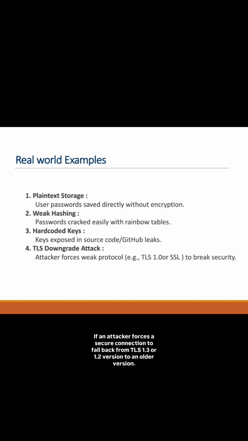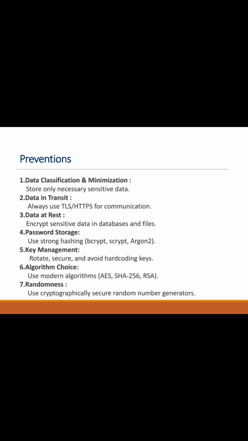An attacker forces a secure connection to fall back from TLS 1.3 or 1.2 to an older version, like insecure protocols such as SSL version 3 or TLS 1.0. It's a bad practice. Older protocols have known vulnerabilities, making it easier to intercept or modify the traffic.